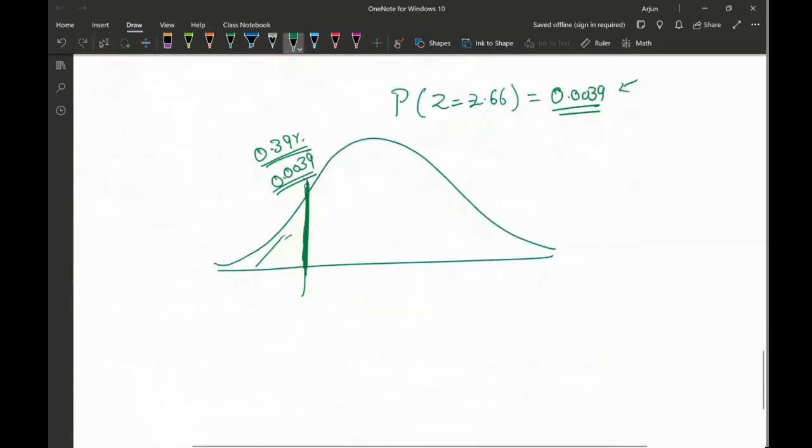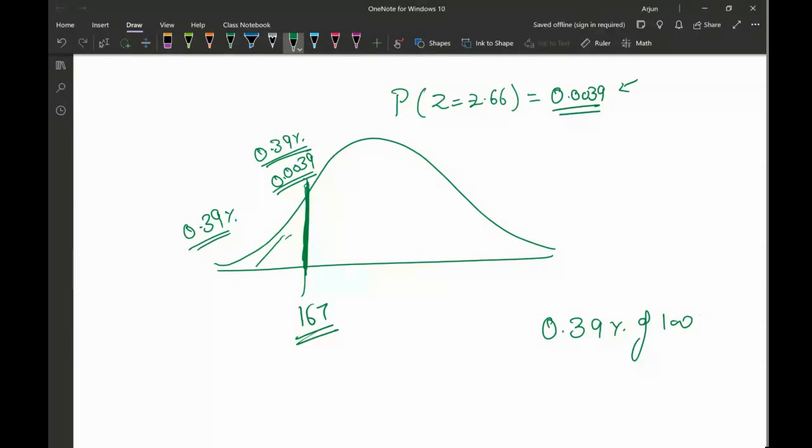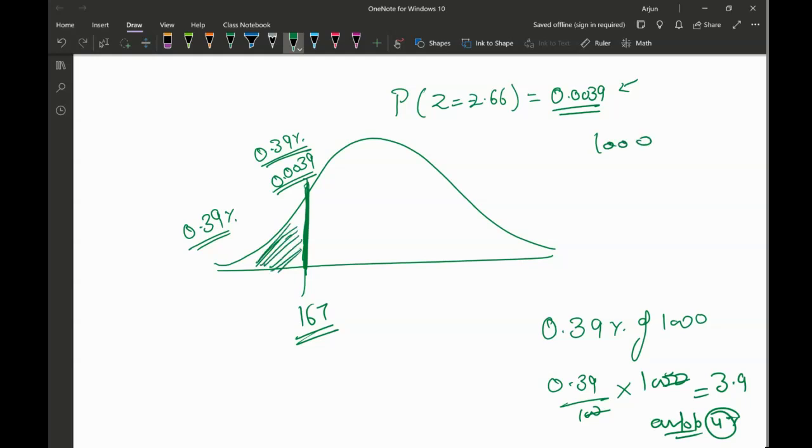So if this height was 167 centimeters, 0.39% of the data points, so 0.39% of 1,000, I wanted to find out what that is. 0.39 divided by 100 multiplied by 1,000 comes out to be 3.9, approximately 4 data points out of 1,000. 4 data points are below 167 centimeters of height.